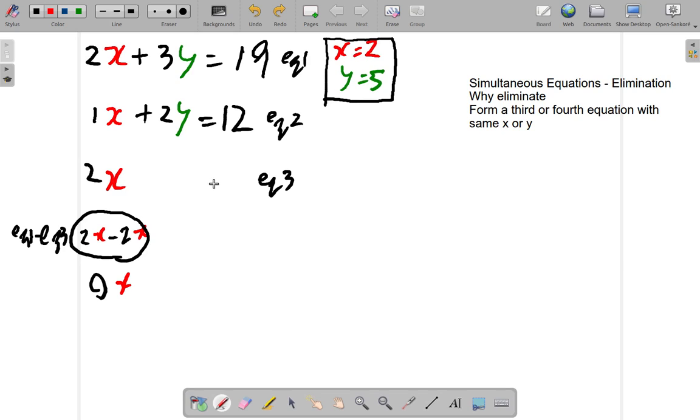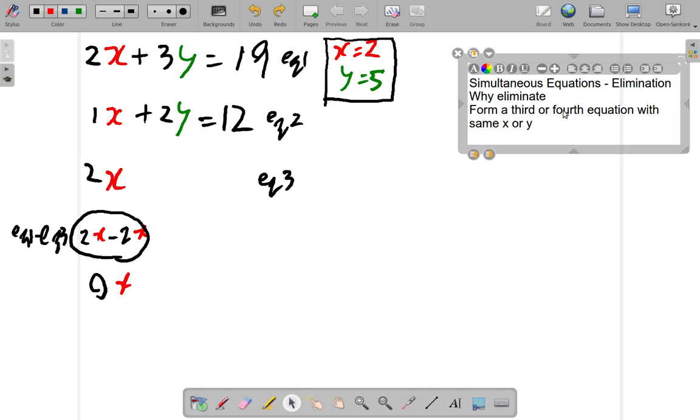This equation 3 must be balanced with equation 2 as well. I'm not touching equation 1. I have equation 1 exactly how I want it. It's equation 2 that I want to touch.